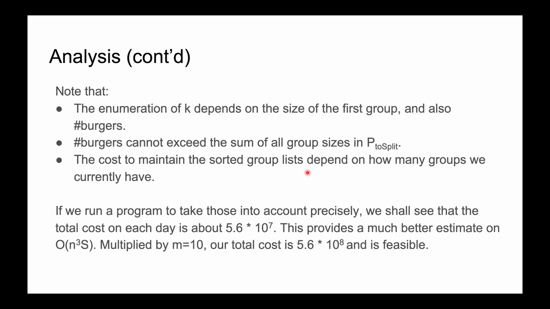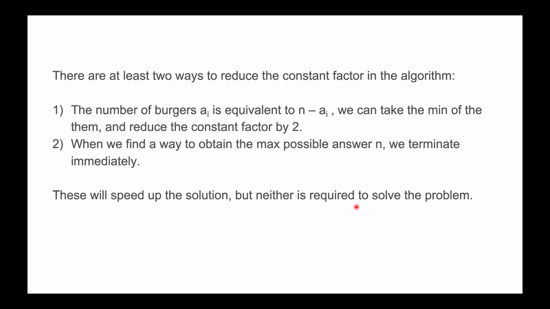If we run a program to take those into account precisely, we will see that the total cost on each day, represented by n to the third times s, is actually only 5.6 times 10 to the seventh. This is a much better estimate. And if we multiply this by m equals 10, we will get our total cost as 5.6 times 10 to the eighth, and it is feasible.